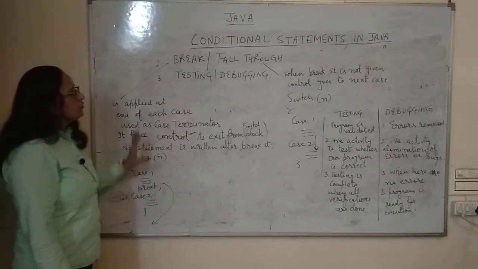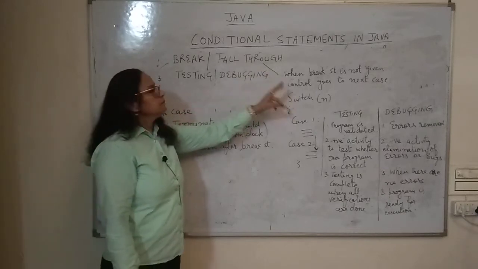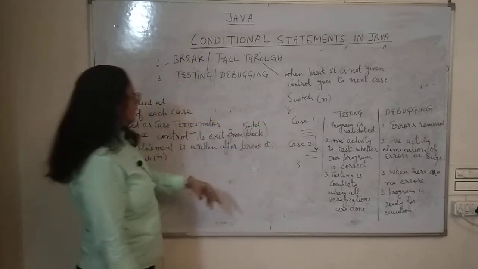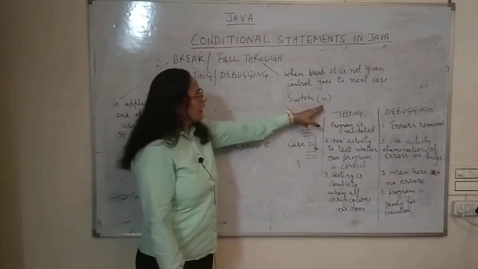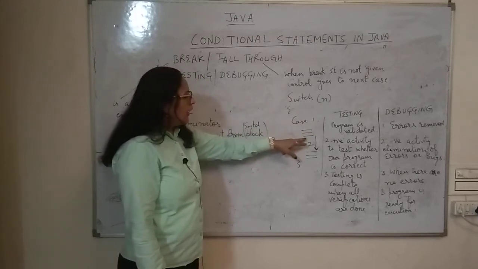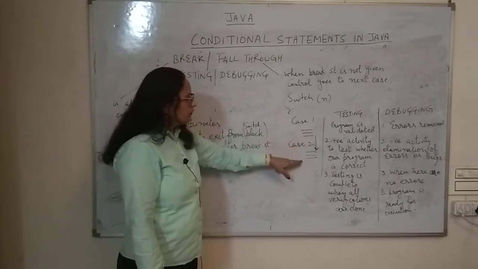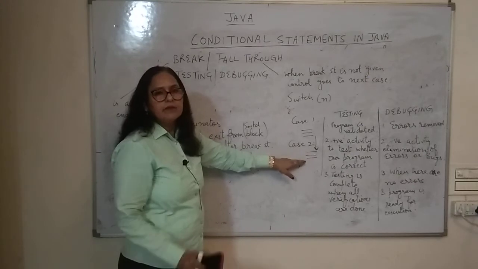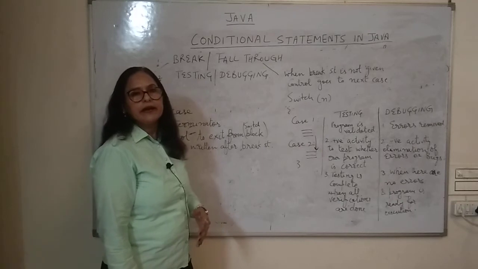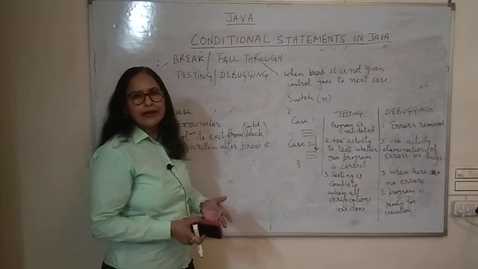Now my dear friends, what is going to happen when we don't use the break statement? My dear friends, fall through is going to happen. It means, you can look over here, switch, then case 1, and there are a couple of statements, and then we have not written the break over here. Then case 2, couple of statements, and again we have not written break. After each case we were supposed to write break, but we have not written it by mistake or by forgetting.